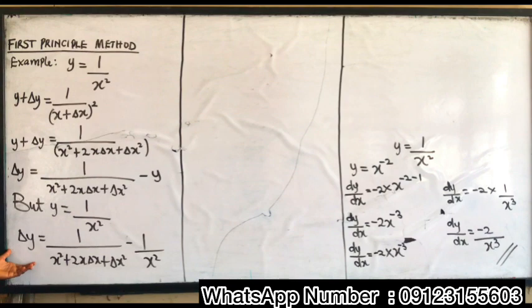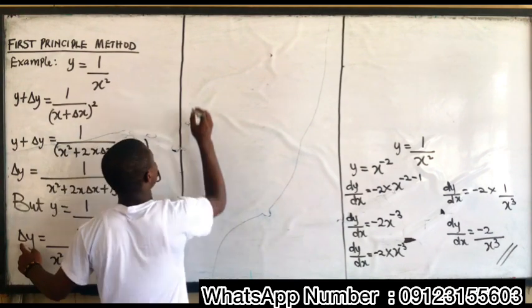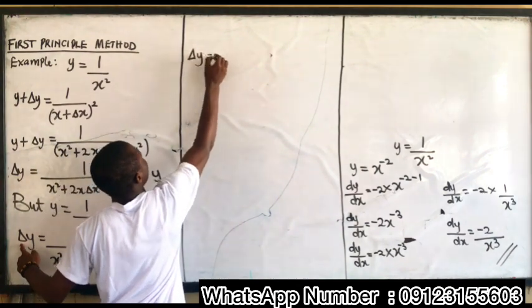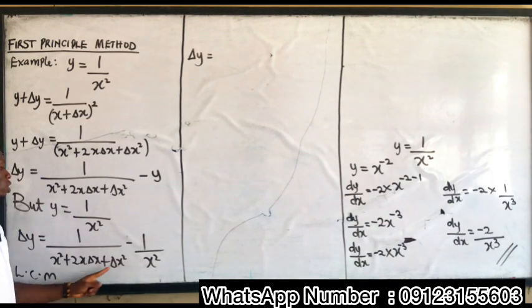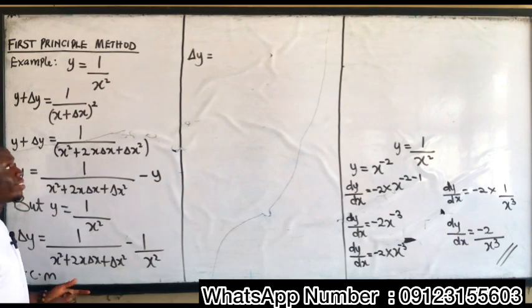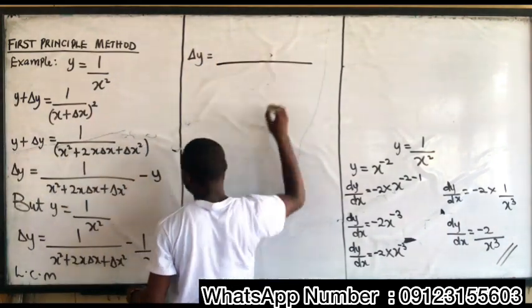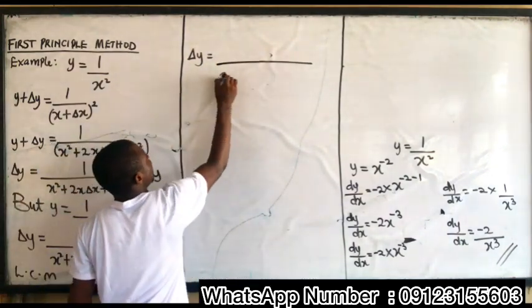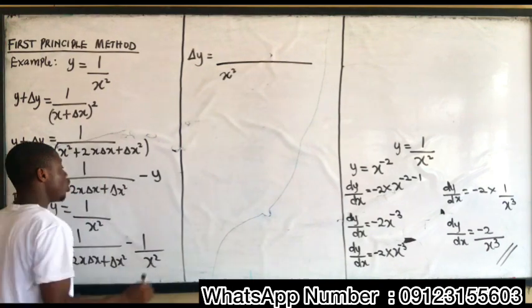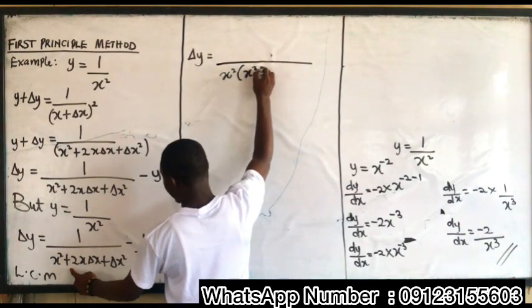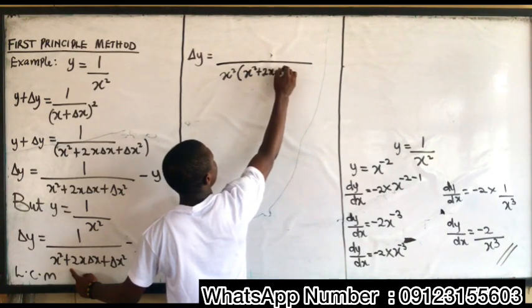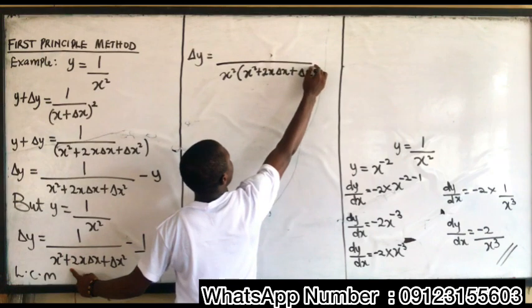So at this point, I'll take my change in y. Change in y is now equal to, I'm thinking I need to look for the LCM here. I said if you have an LCM of uncommon terms, it's like picking the two as the LCM. So my LCM here will be x squared, this one here, into all of this: x squared plus 2x change in x plus change in x squared.